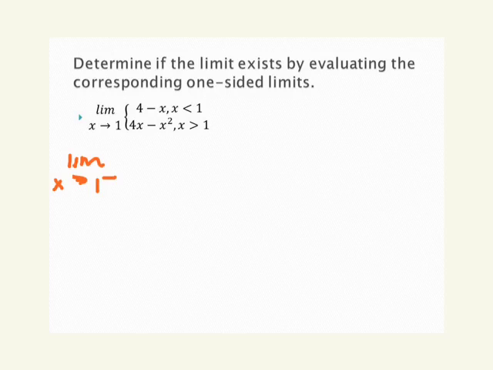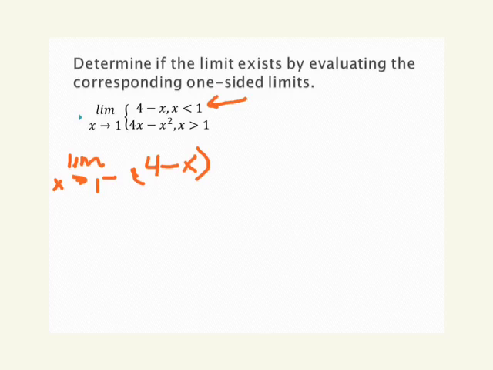Based on the inequality here, we're going to use the first function, which applies when x is less than 1, when we're on the left side or the lower side of 1. So we're going to find the limit as x approaches 1 from the left of the function 4 minus x. I apologize for my handwriting here. Not very good writing with this stylus.